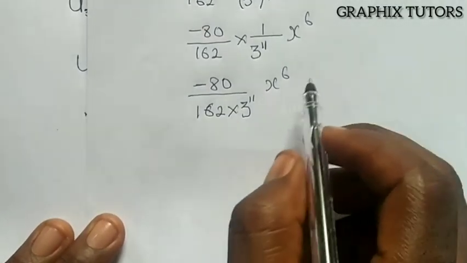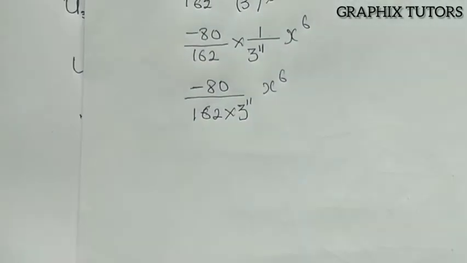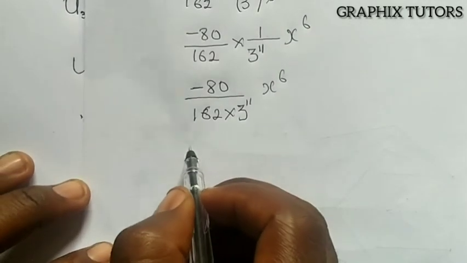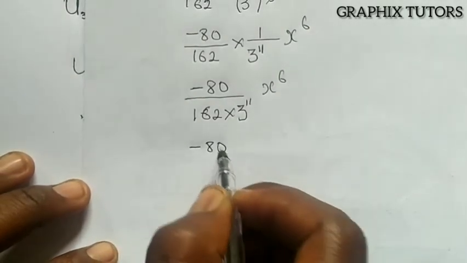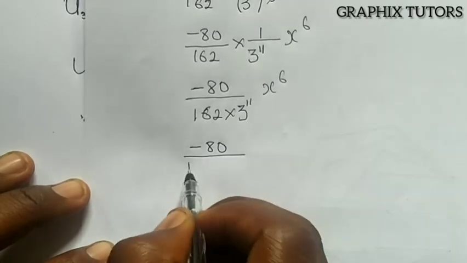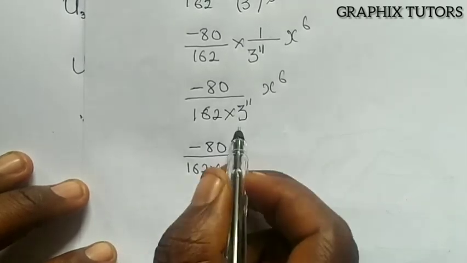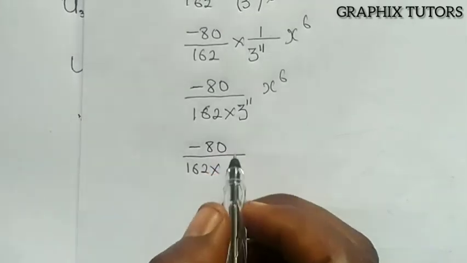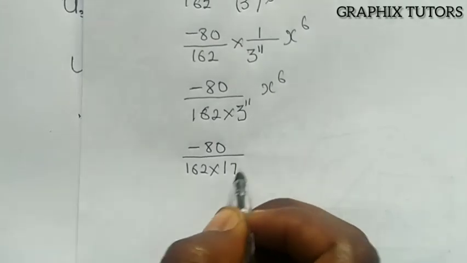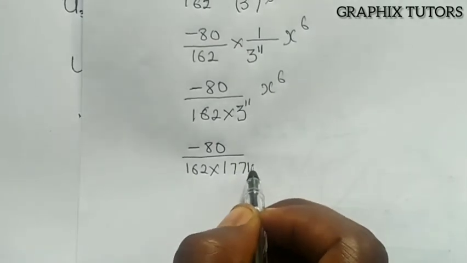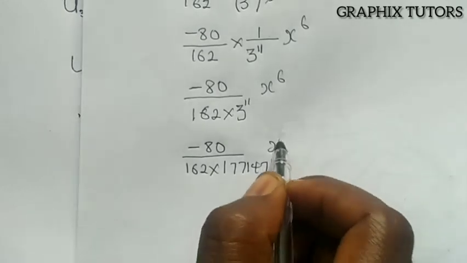Now let's see. 3 to the power of 11 is 177,147. So we'll have minus 80 all over 162 times 177,147, and I will have x6 here.